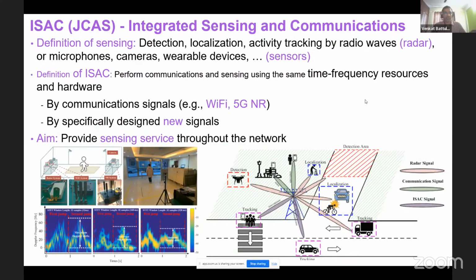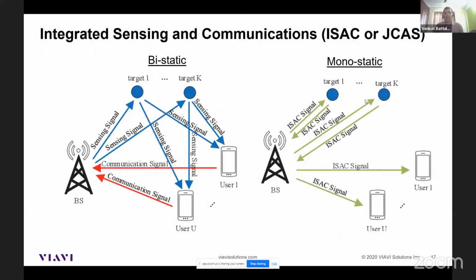The other area that we work on is integrated sensing and communication. Again, this is another hexagon topic. Here it's not only communication; sensing is also an important area.